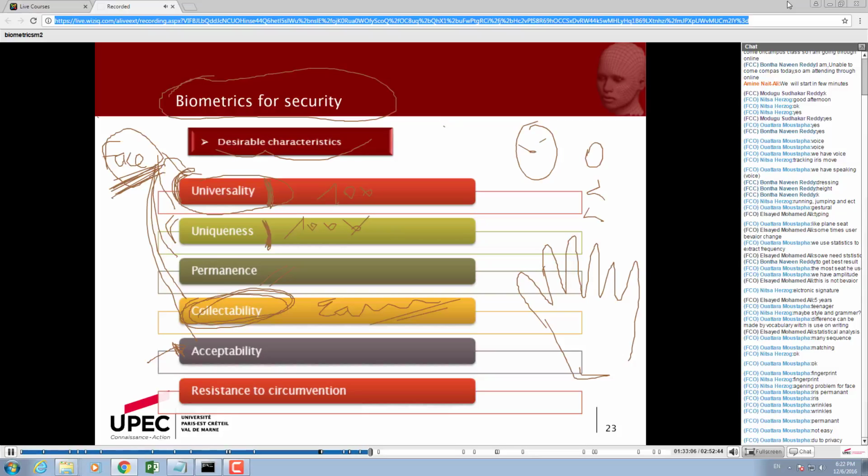If we can collect the data easily, it's well, I'm talking about acceptability. Pardon. Collectability is when you collect the data using some devices, and acceptability is the fact that the society can accept or reject the idea to use some specific biometric modalities.